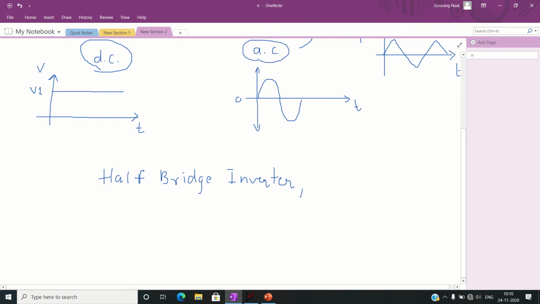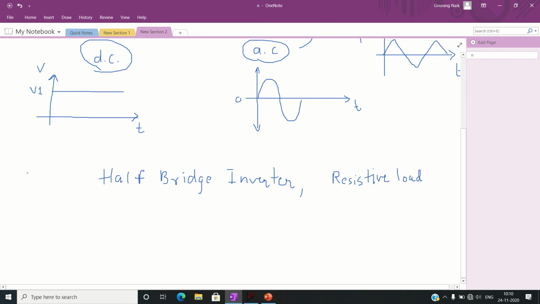And the type of the load that we will see is a resistive load. First we will see a resistive load. So it is a half bridge inverter with resistive load.